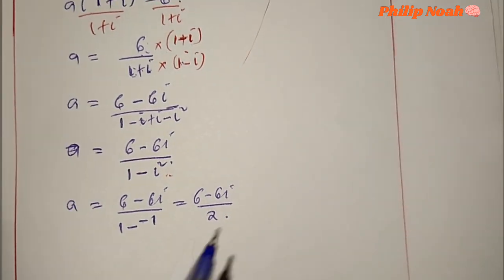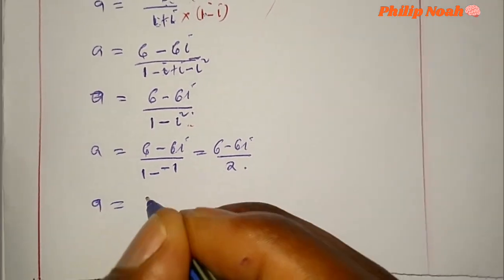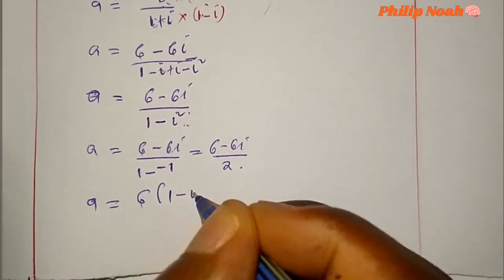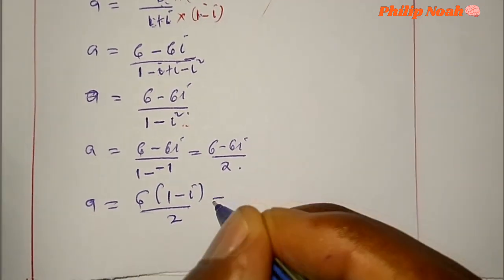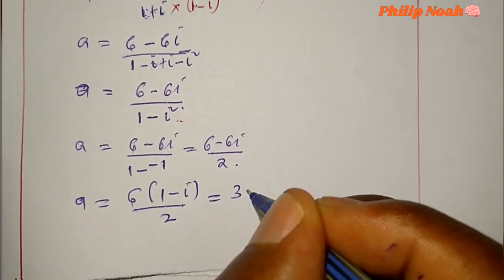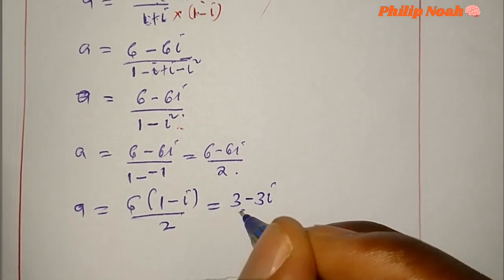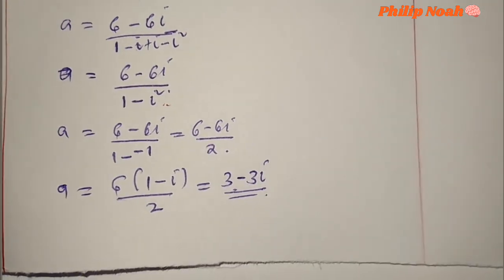We can factor out 6, and we have a is equal to 6 times 1 minus i over 2, and our a becomes 3 minus 3i.